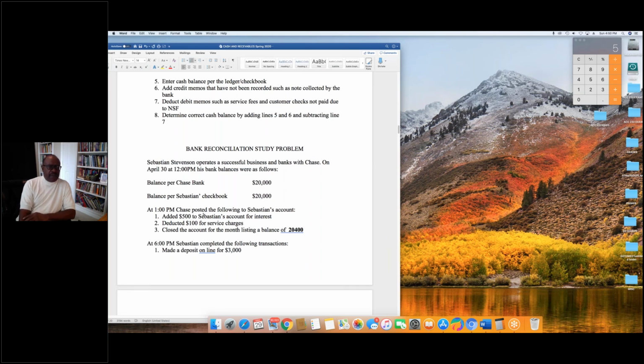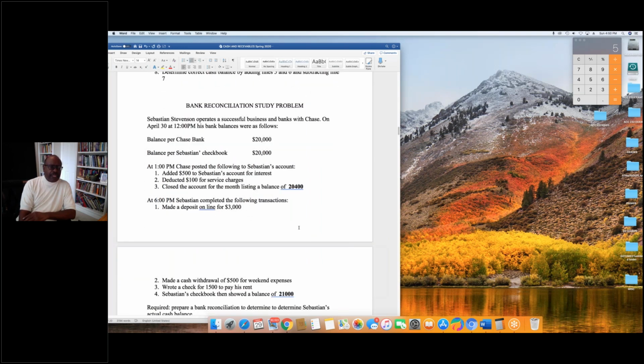At 1 p.m., the bank posted the following. It added $500 in interest to Sebastian's account for interest income, and it deducted $100 for service charge. And when the bank statement came, it showed $20,400.